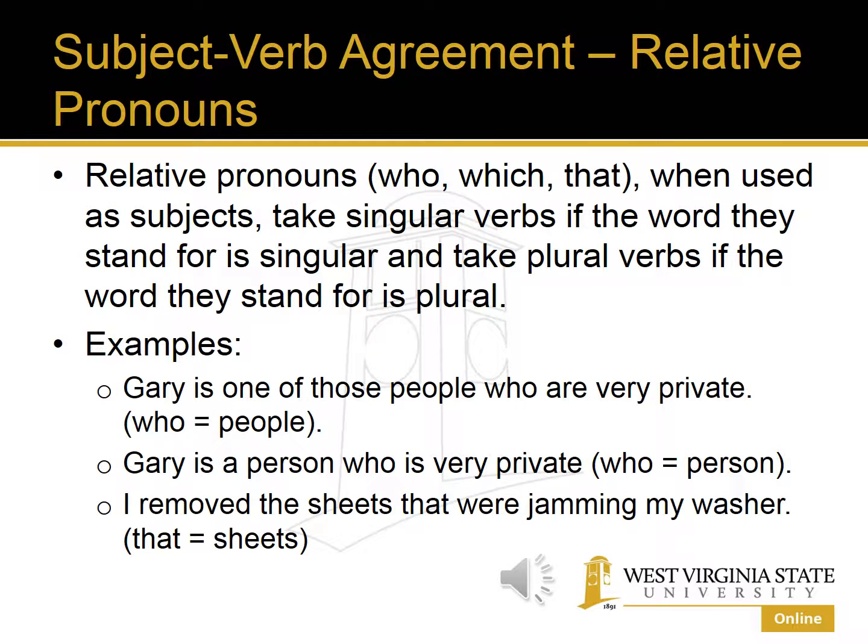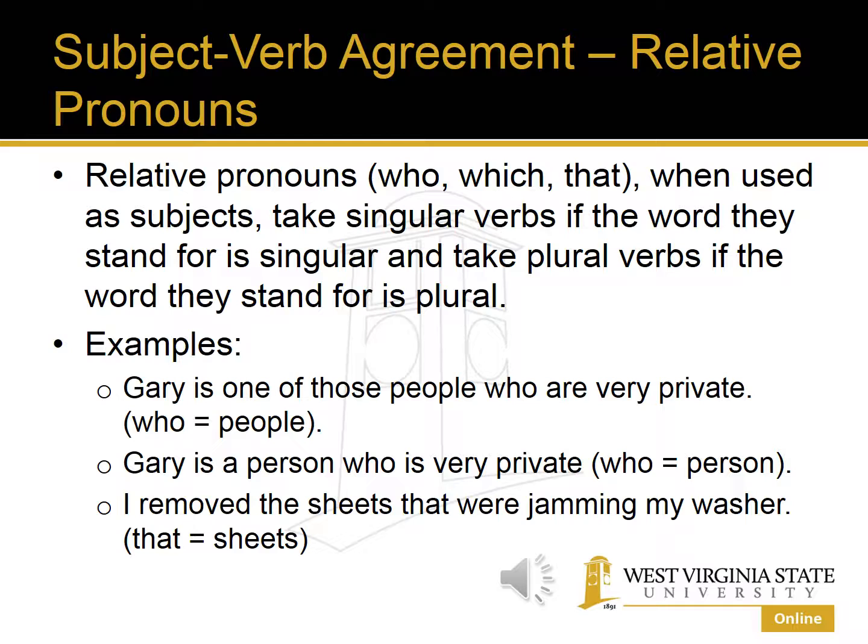Another problem area with subject-verb agreement is when we have a relative pronoun that starts a relative clause. Sometimes we have confusion as to what the relative pronoun is pointing back to. But if you think about clearly looking back and finding the antecedent, there shouldn't be any problem.